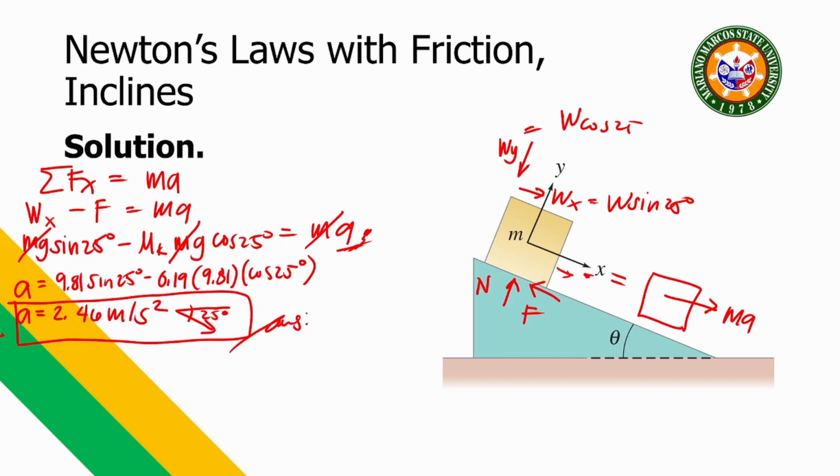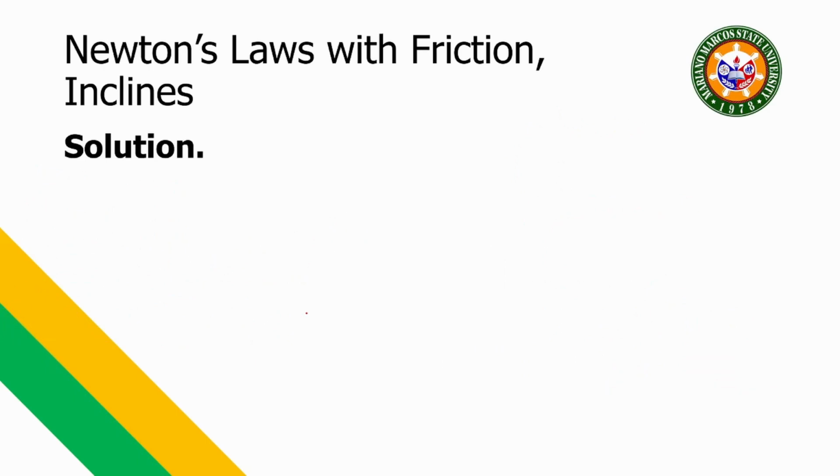So, next, tinatanong doon sa problem, yung if the crate starts from rest 8.5 meter along the plane, up along the plane, from its base, what will be the crate speed when it reaches the bottom of the incline? So, tinatanong yung magiging velocity. So, madali na lang yun. Gagamitin na lang natin itong formula na to.